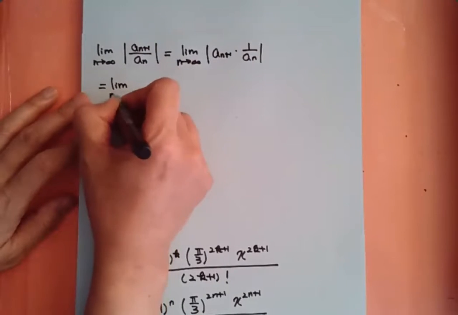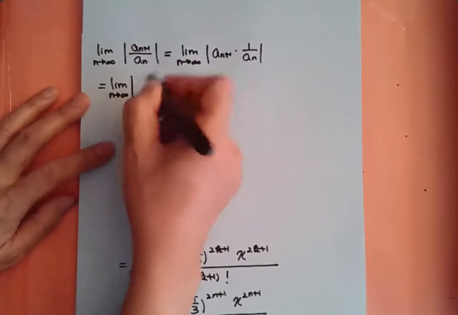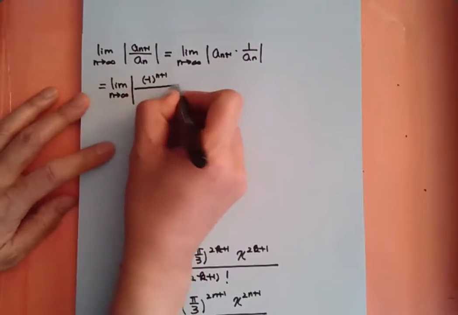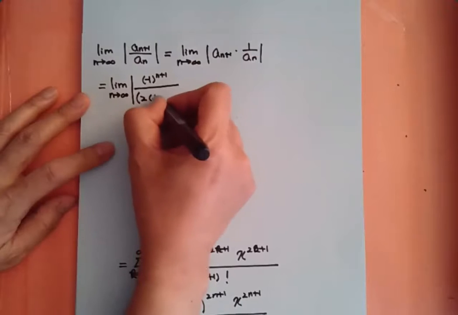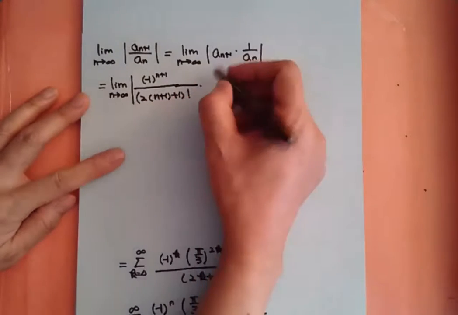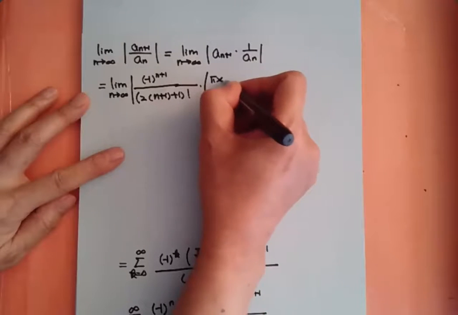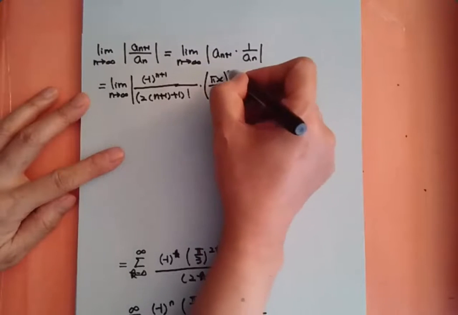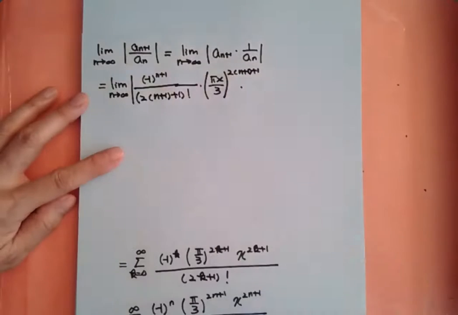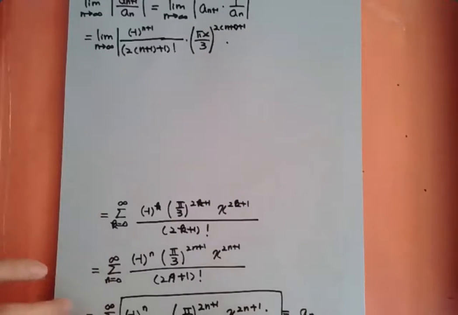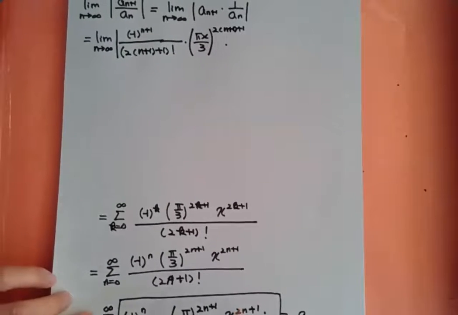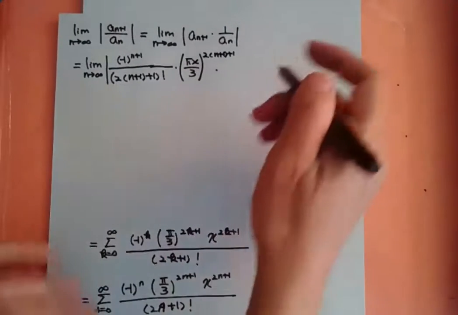Then it becomes the limit as n goes to infinity of (-1)^(n+1) over (2(n+1)+1)! times (pi x over 3) to the 2(n+1)+1. So what I did was just plugging in n+1 there, and then we will flip all those.